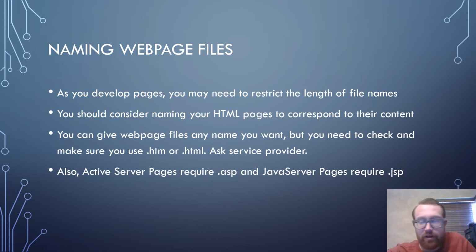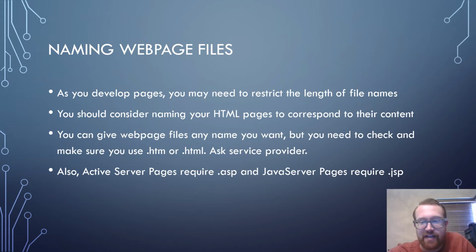Remember, you can give your page files any name that you want, but you want to make sure you check and see if they're .htm or .html. This is important because you need to ask your service provider whatever they prefer. Usually it's .html, but sometimes it's .htm. Just check. They do the same thing, but make sure you check with the service provider for the server.